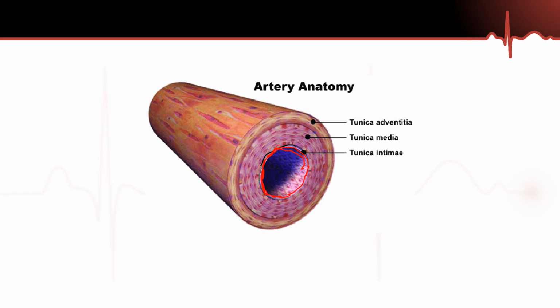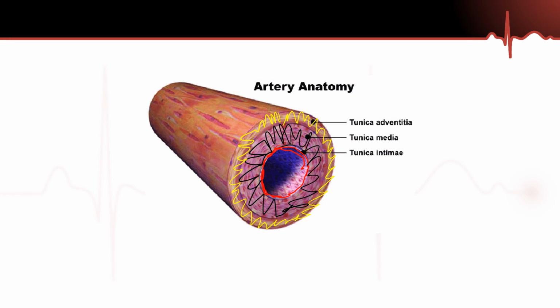called the tunica intima. It has a middle layer. How about we do that in black? That's called the tunica media, and it has an outer layer, why don't I do that in yellow, which is called the tunica externa, sometimes adventitia, as is depicted in the image, but externa it's also called sometimes as well.